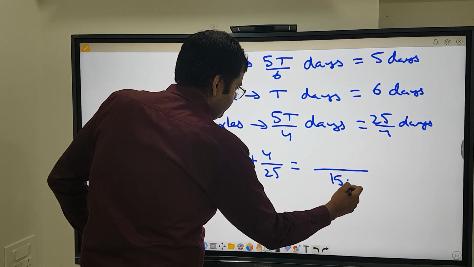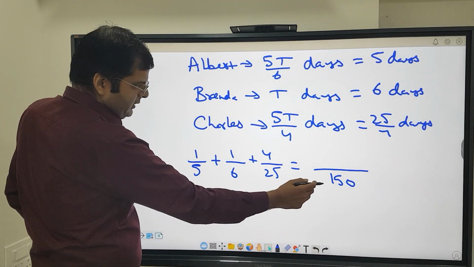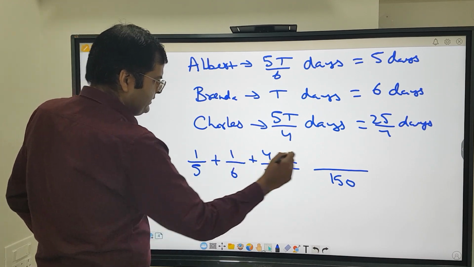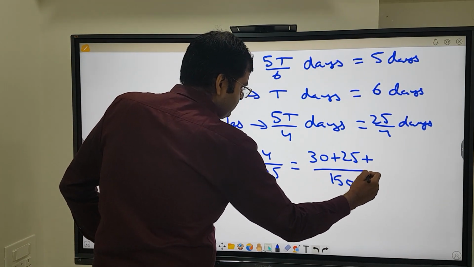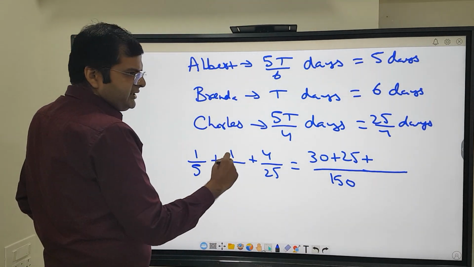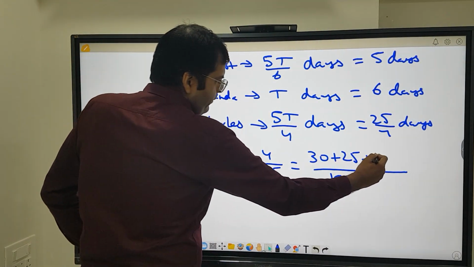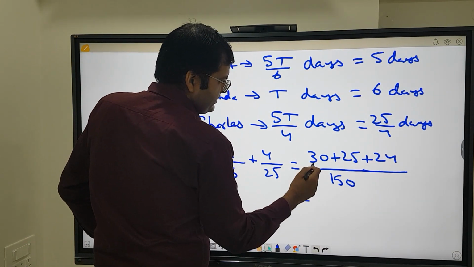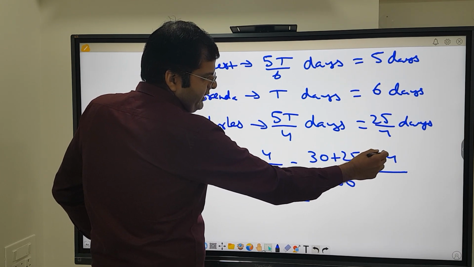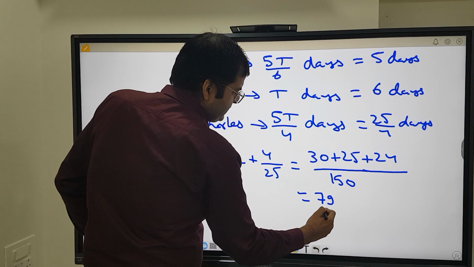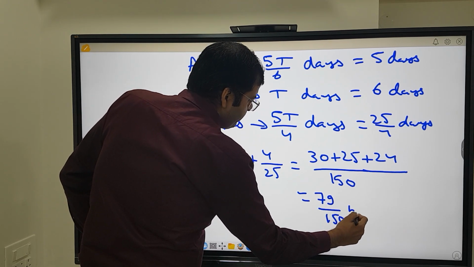So 5 into 30 is 150, 6 into 25 is 150, and 25 into 6 is 150, so 4 into 6 is 24. So this becomes 30 plus 25 is 55, then 65, 75 and 4, 79. This is 79 upon 150.